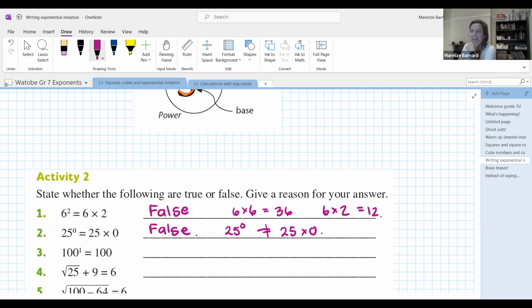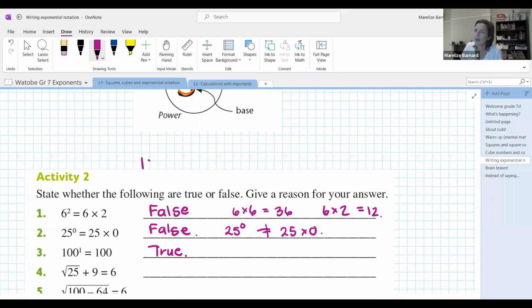Okay, now here's one. Let's see, you can think of this one. Is 100 to the power of 1 the same as 100? That is true, yes. Well done. That is indeed true. So that's another thing.